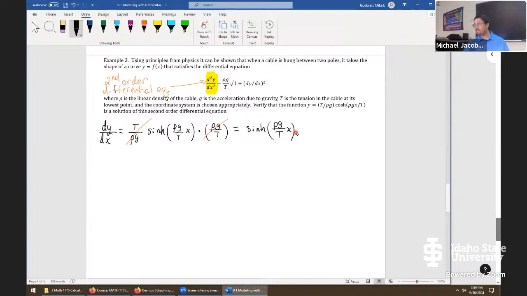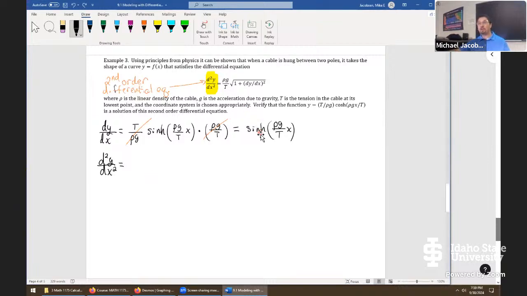So starting from here, d2y dx2, that's our second order derivative, is first the derivative of hyperbolic sine. Let's put in a little bit of space there and write it as sinh rho. Oh, hang on, I forgot to differentiate it. Let me try all over again.